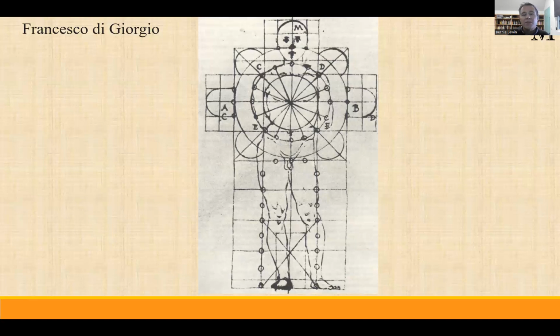So we have the shape of the cathedral related to the shape of the human body. And so this is a way of seeing how in Renaissance humanism, the human is related to the divine through geometry, and in this case, the geometry of squares inscribed in circles.